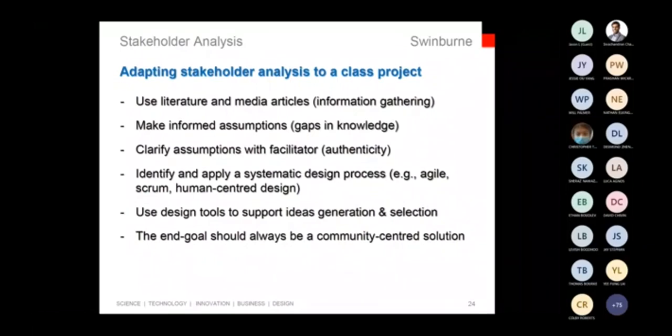Remember, the end goal is you want to produce a community-centered solution. You want to produce a solution that fits within that community. Unfortunately, for this semester, we're not going into the community. But at Swinburne, most of you are in your first year. You will have a lot of opportunities either to go for industry tour or to do your placements and things like that.